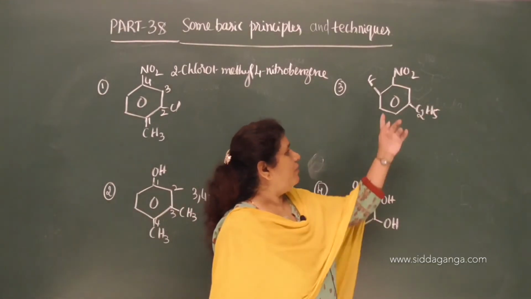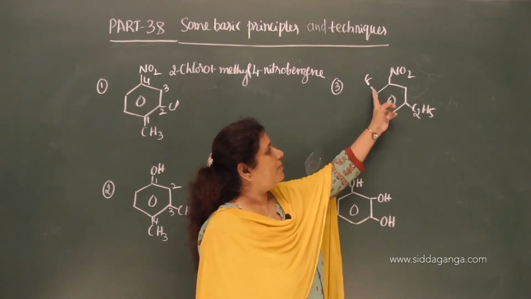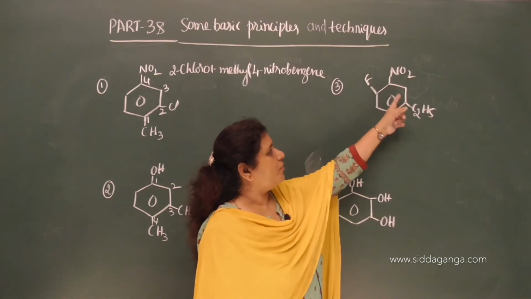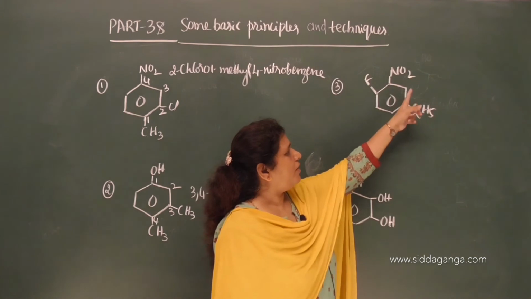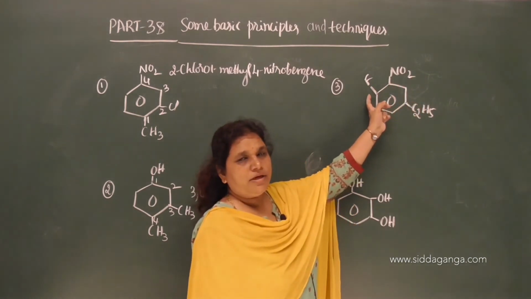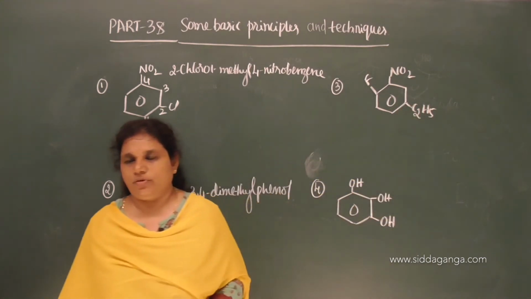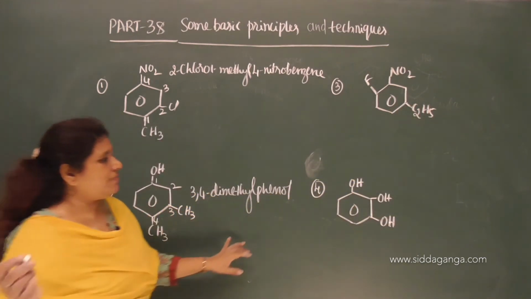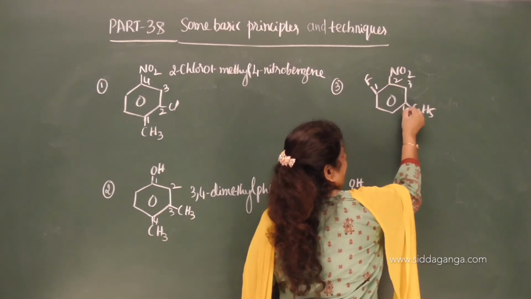Now move on to the next. See here, fluorine, nitro and ethyl. If you give the number from this end, 1, 2, 4, that is 7. If you give the number from this end, 1, 2, 3, 4, it is 8. If you give the number from this end, then it will be more. So we need to follow the lowest sum rule. Therefore 1, 2, 3, 4.